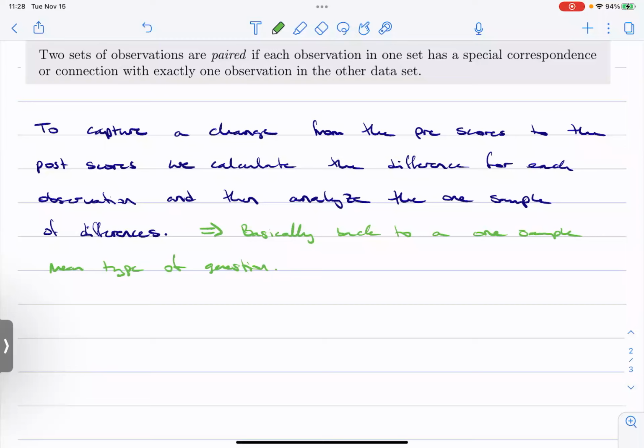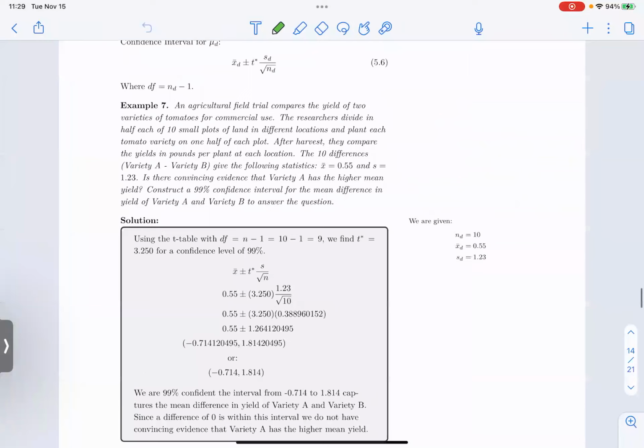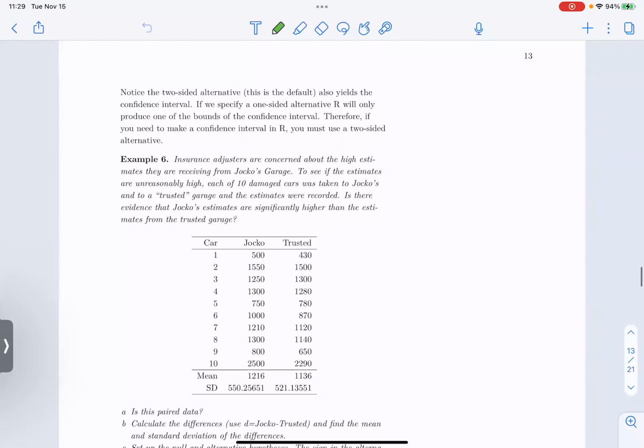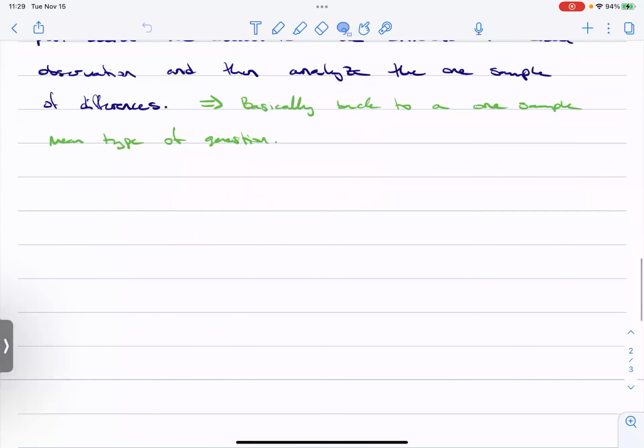So just to illustrate how this goes, I want to use an old trusty example that I stole from some textbook billions of years ago. I just think it's a funny example.